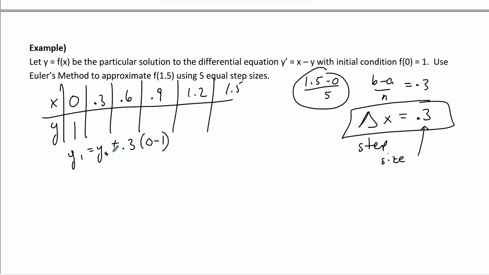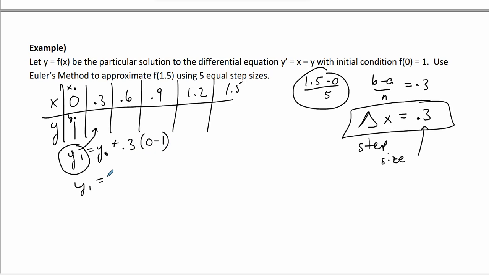Now, where did I get all these things from? y sub 0 is the initial value. So this is x sub 0, and this is y sub 0, and then y sub 1, y sub 2, y sub 3, y sub 4, y sub 5. This 0.3 is our delta x.